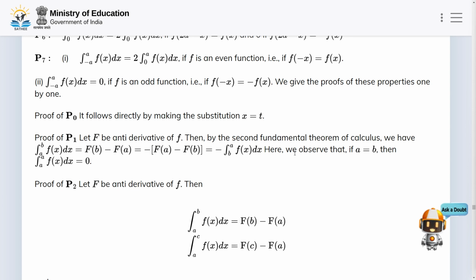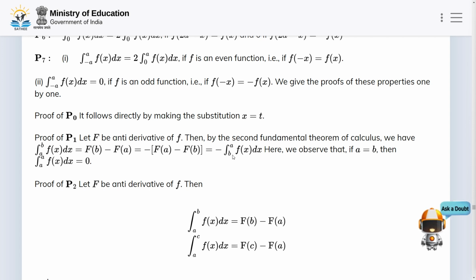That's it. Now, if a is equal to b, then what will happen? If a is b, then the definite integral a to a will be 0. I hope it is clear to you.